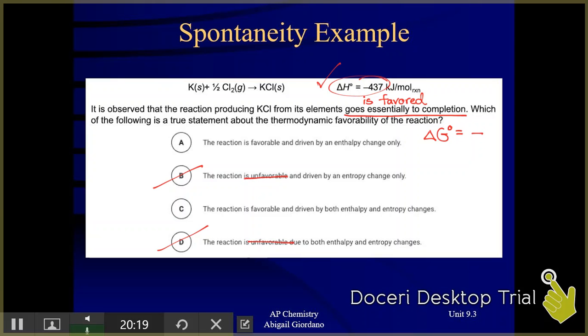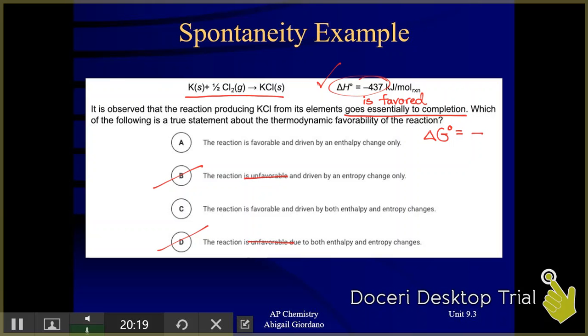And we know that it is in fact favored because they told us it was. So I know that the enthalpy change is helping out that favorability, but let's look at the entropy. Let's look at the reaction. What would be the sign of delta S? Is this reaction becoming more disordered or more organized?